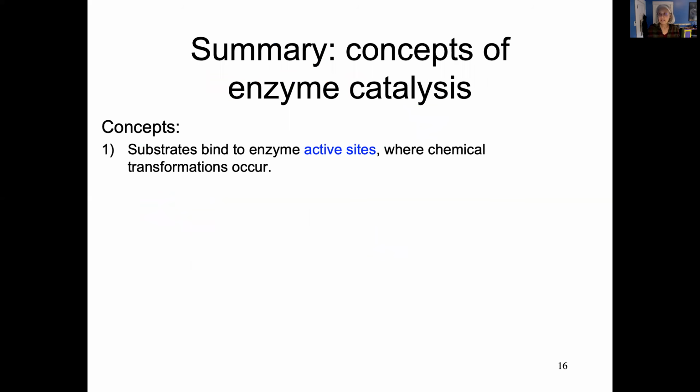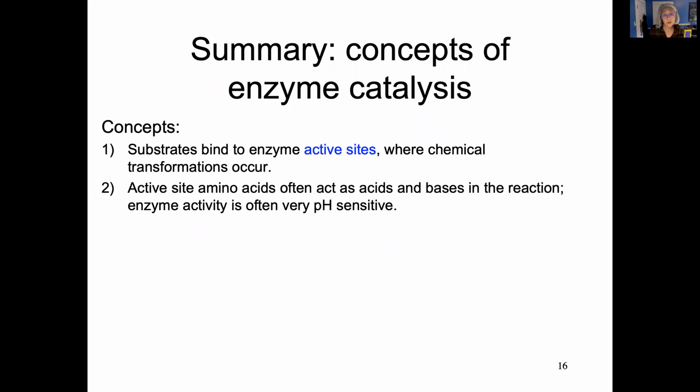Okay, but what I want to point out is to find the commonalities here, the big picture take-home messages, right? So the substrates bind to the enzyme active sites. These are the molecules that are going to be changed from the substrate form to the product form, okay? And the active site is where these chemical transformations occur.